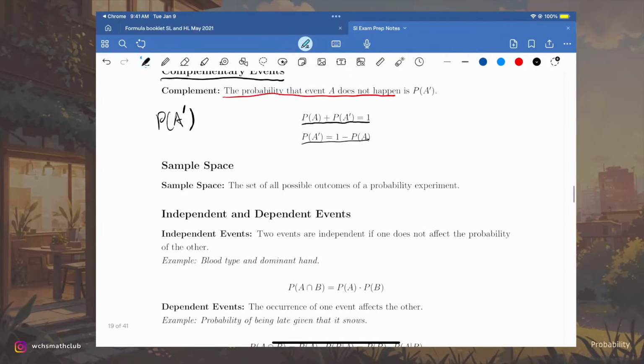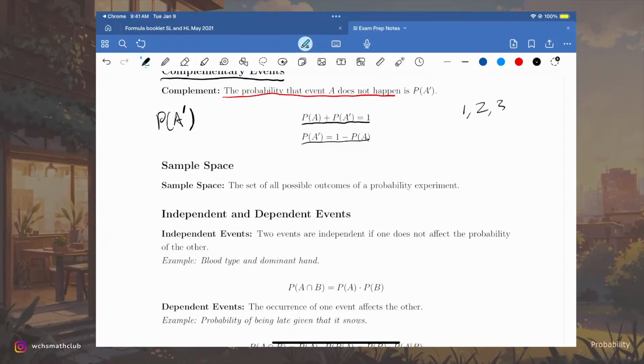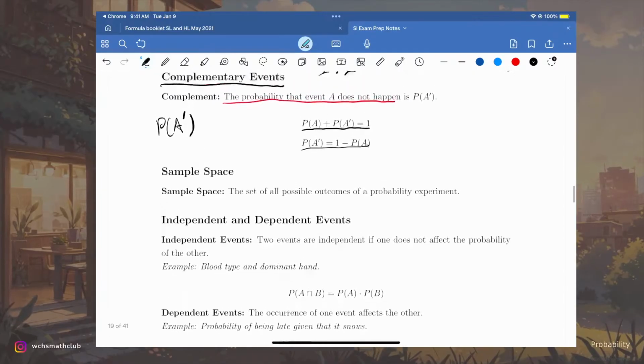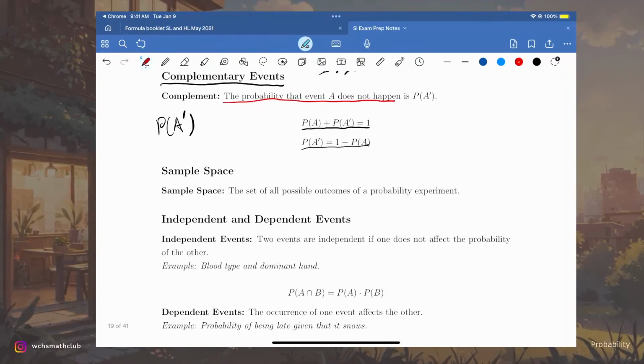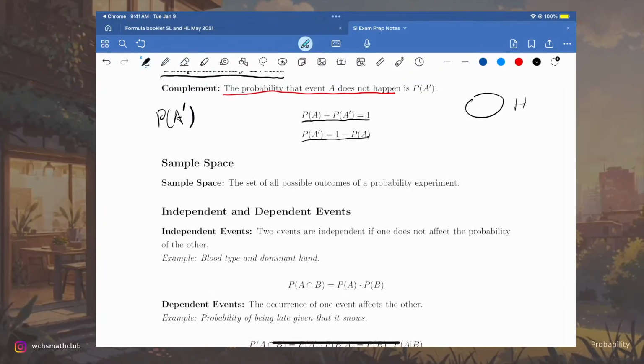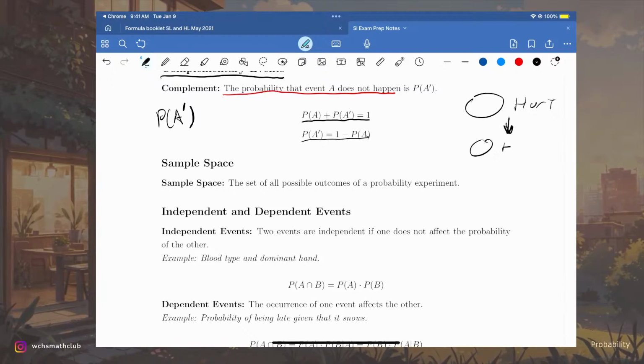So for example, there could be a question where you're going to flip a fair coin, so either heads or tails, and then you're going to flip another fair coin.